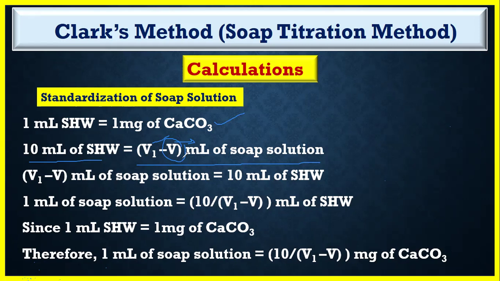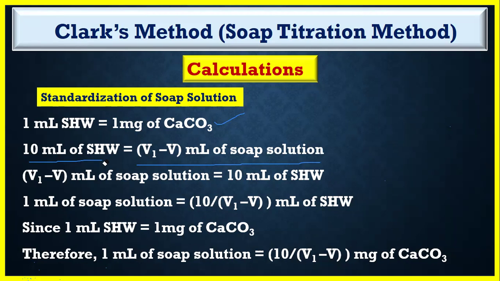So V1 minus V of soap solution is that amount of soap solution that is only used by the calcium ions present in the standard hard water. So that is why we are subtracting the lather factor from the volume of the soap solution consumed with the standard hard water, right?